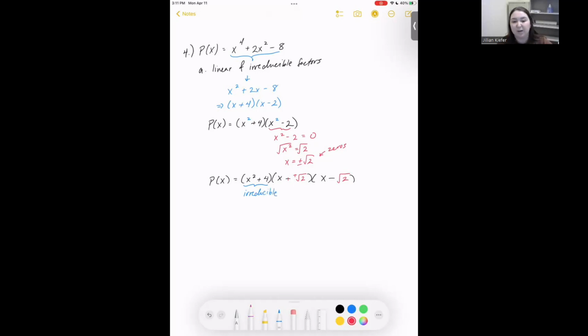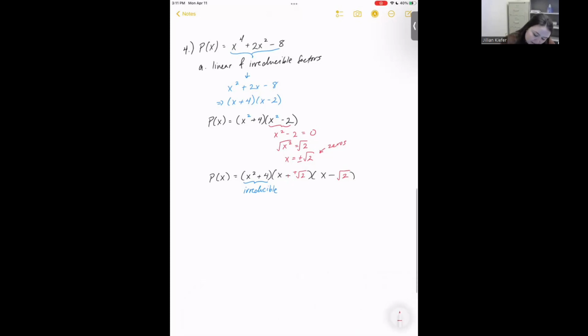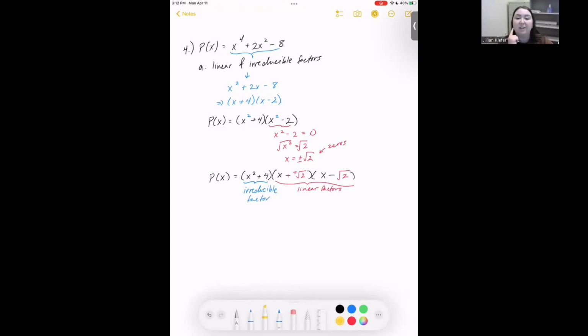So x squared plus 4 is an irreducible factor, because the only way to reduce it is to use complex numbers. x plus the square root of 2 and x minus the square root of 2 are linear factors. So what we have here is a polynomial with linear and irreducible factors. This would be our answer for part A.